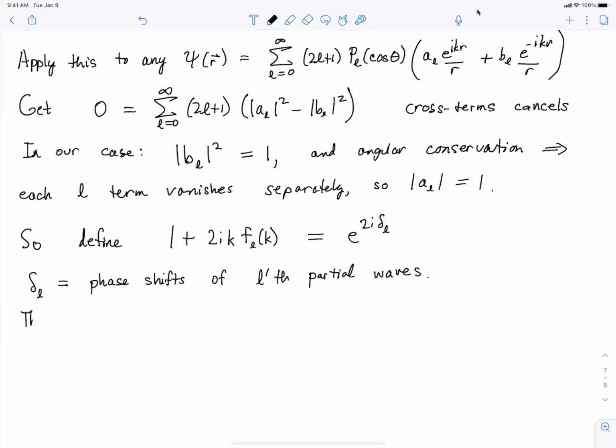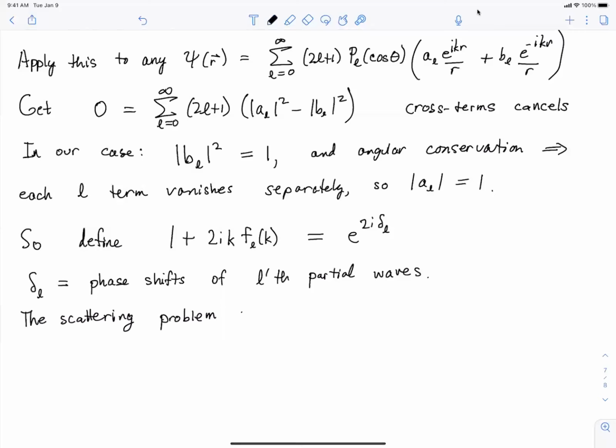And so now the scattering problem, the general problem of figuring out how much scattering takes place, has boiled down to finding, instead of a whole function of theta, just this set of numbers, these phase shifts.